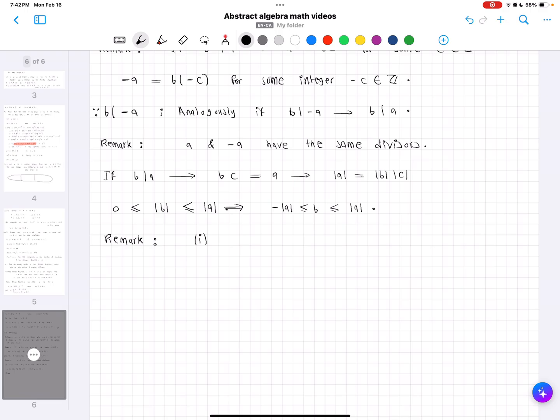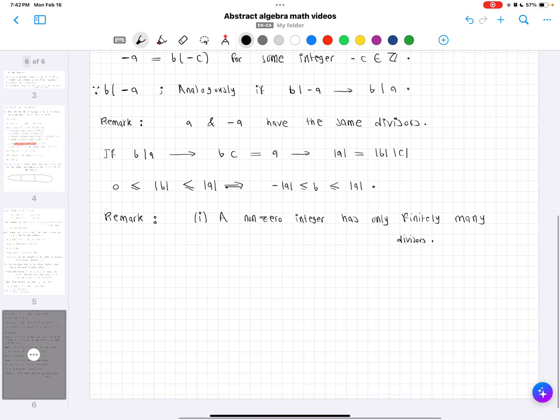The first thing is that a non-zero integer has only finitely many divisors. And the second thing is that those divisors can only reach a certain bound.